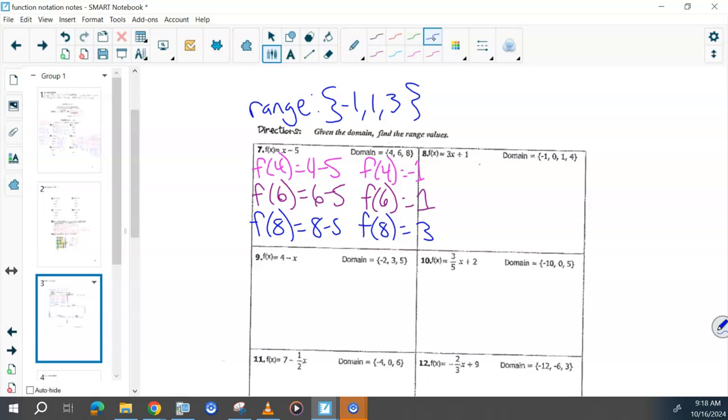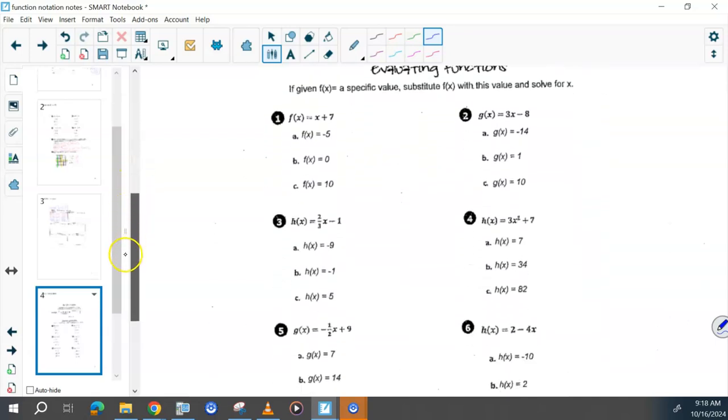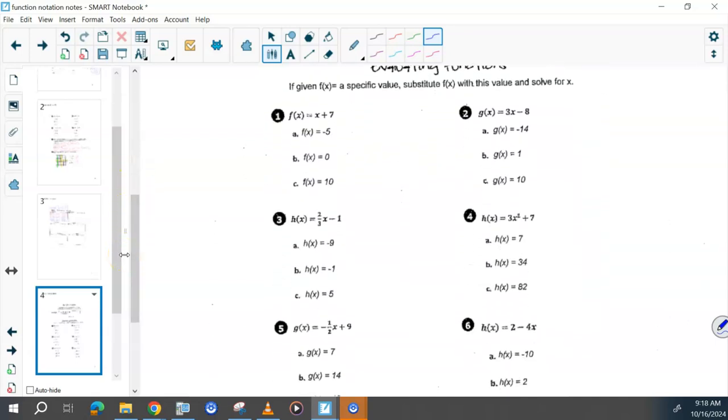Are there any others on this page we want to go over before we move on? If not, go on to the next page. What's different about these than what we were just doing?